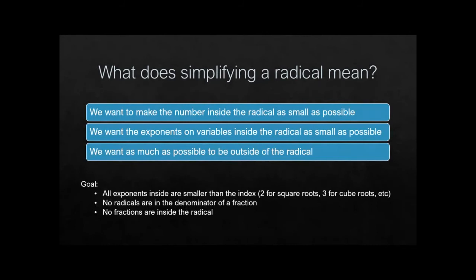So in general, when we're simplifying a radical, our goal is to make whatever numbers are inside there as small as possible. And when we do this, what happens is numbers usually end up in front of the radical, multiplied by the radical. Anything with variables on the inside, we want the exponents to be as small as possible.